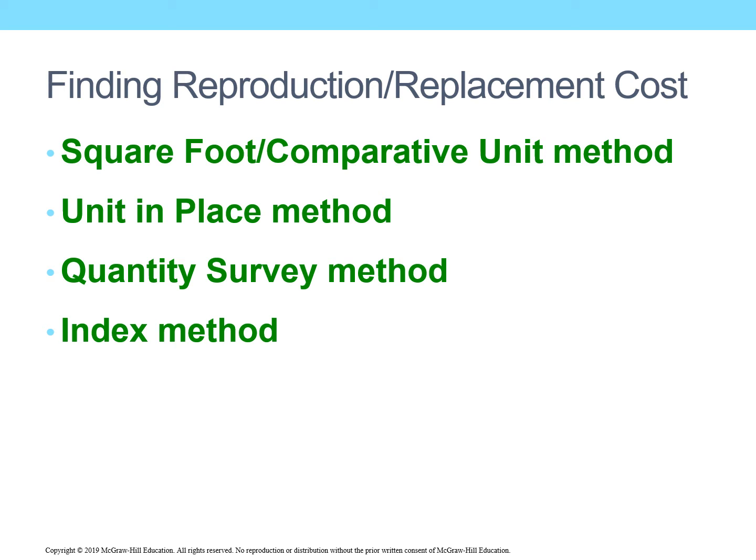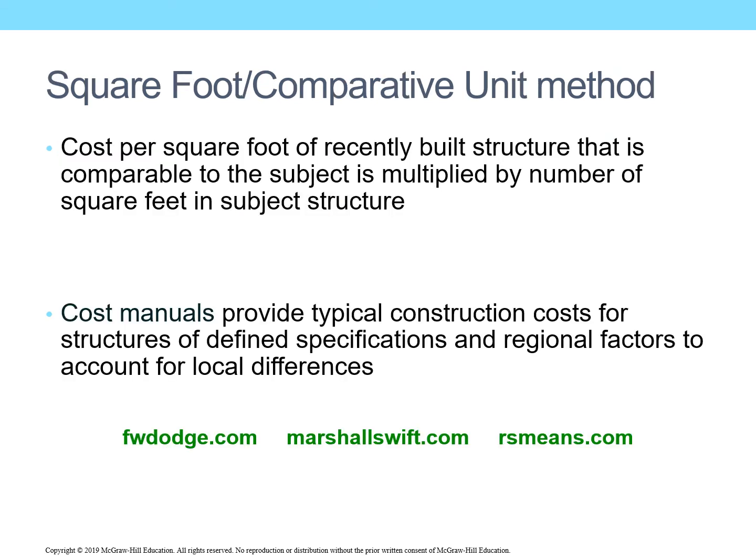We know the quantity survey method is very detailed, it's very precise, but that appraisers seldom have that sort of construction knowledge to be able to apply it correctly. And the index method is more of a check method, and it isn't very useful. It isn't very precise. It isn't very correct. So we're going to focus on the first two, square foot comparative unit and unit in place methods.